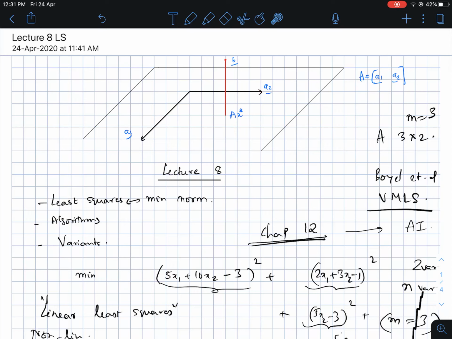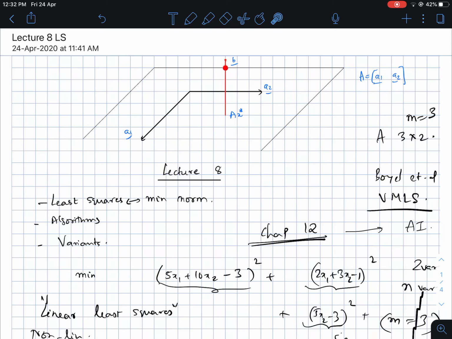So no matter what x I pick, I will actually only get a point in this plane, because I am only going to get some combination of a1 and a2. I am going to get a1x1 plus a2x2, and that's always going to give me some point in this plane. I am not going to get out of the plane no matter what x I pick. And this b vector can potentially be out of the plane somewhere here. Then how do I find a vector on this plane that is closest to b?